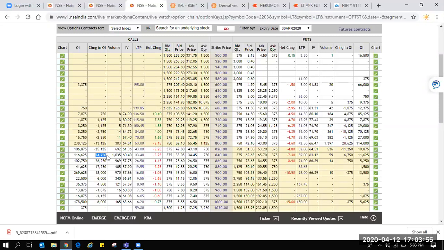So change in OI during the day, that is 24,750 shares have been added at 840 strike price. That means people are not expecting LT to cross 840 very easily, and the same thing has happened during the day, that it was unable to cross and sustain.